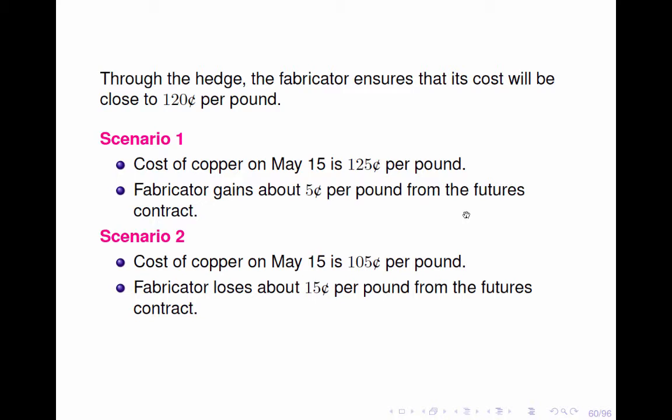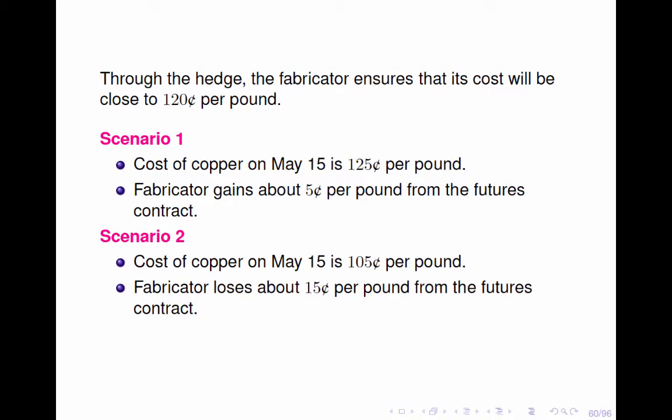In the second scenario, let's say the spot price of copper on May the 15th is 105 cents per pound. That is, the fabricator's purchase price is 105 cents per pound, which is less than 120 cents per pound. But he would lose about 15 cents per pound from the futures contract.